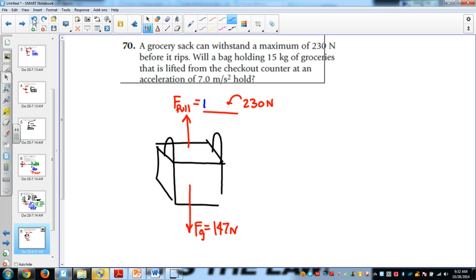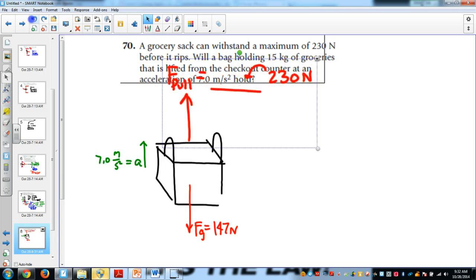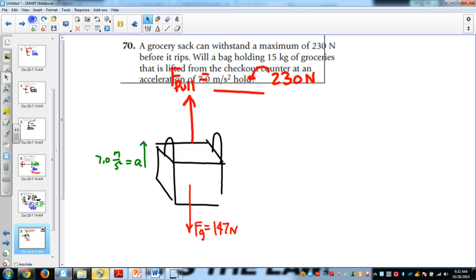But the thing is, it says I'm accelerating it. I'm accelerating it up at 7.0 meters per second squared. So I know that my pull force has to be bigger than gravity in order for that to accelerate up.